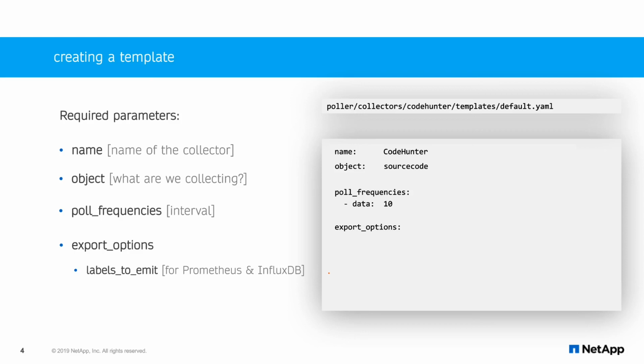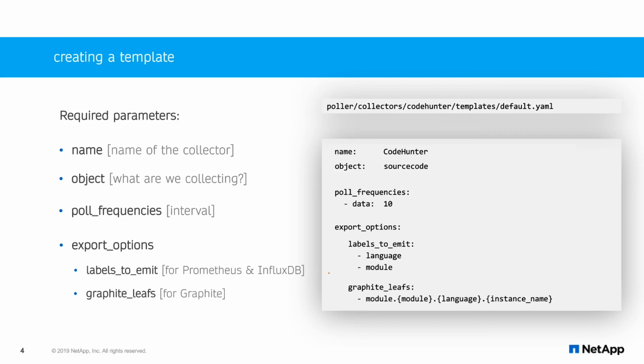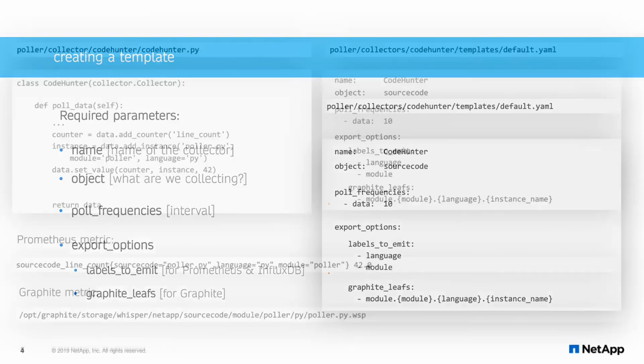It tells these exporters which labels that are available in your instances to include in the output metrics, because by default, they will only take the instance name in the output metrics. And you can have one more parameter, which is graphite leaves. This is the list of graphite metric paths that you want to use. In this case, you use the instance name and the instance labels to create a metric path.